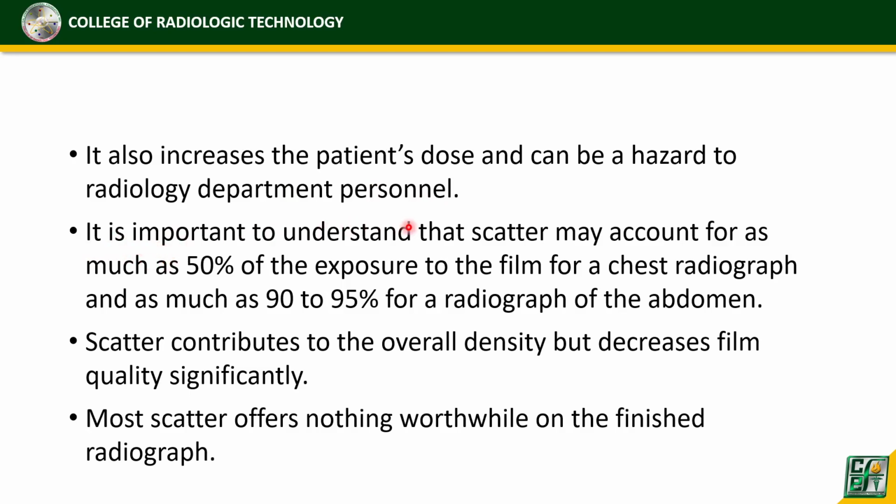So it is important to understand that scatter may account for as much as 50% of the exposure to the film for a chest radiograph, as much as 90 to 95% for abdominal X-ray. Okay.